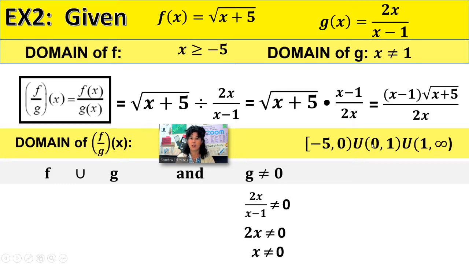Leaving 0 out, we can use all the numbers after 0 up to 1. Then we're going to leave 1 out, both sides here, and then we can use any number after 1. Here's our interval notation for numbers -5 and larger, leaving out 0 and leaving out 1.